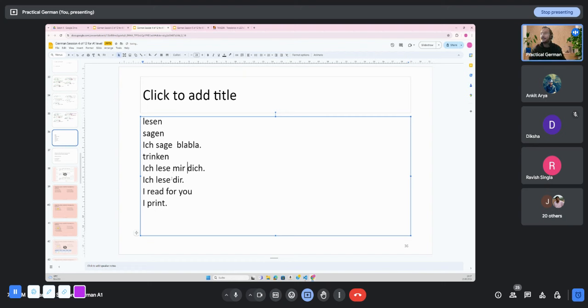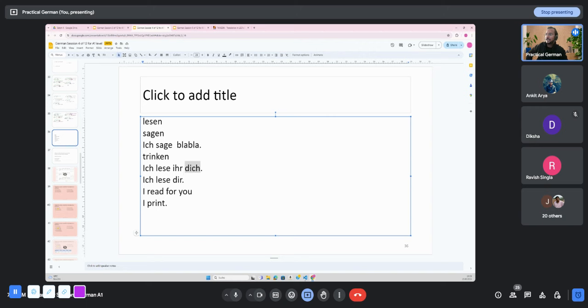I don't think you will ever say it, but let's say I read you for her. I look at you and I talk about you, and I'm doing this for someone else. So here she is dative, and that's why it is ihr. Dich is accusative.